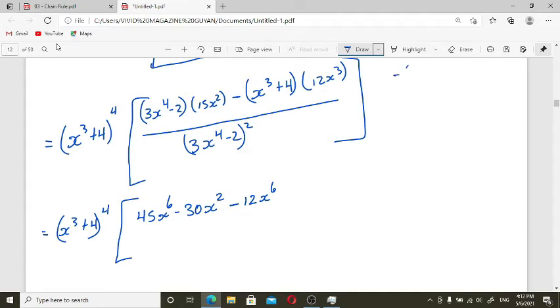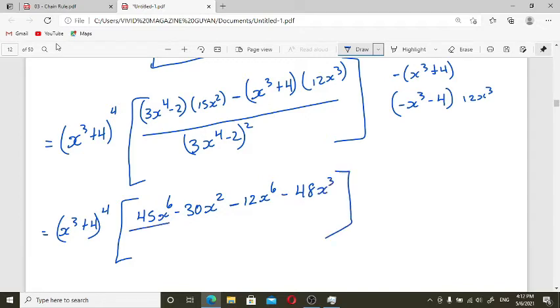If I have minus x cubed plus 4, it's minus x cubed minus 4, right? And this is going to be multiplying the 12x cubed. So 12 times 4, so this is minus 48x cubed. This is all being divided by 3x to the fourth minus 2 squared.